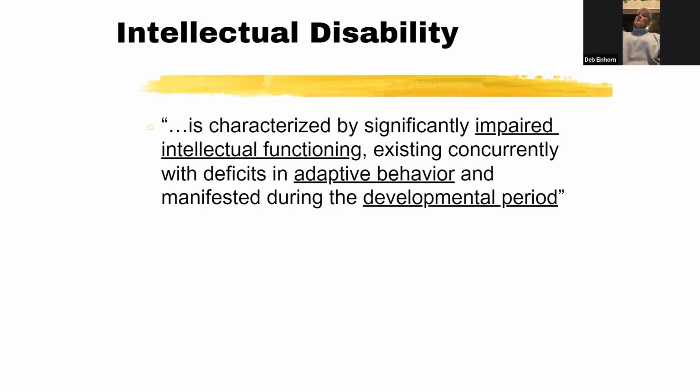Sometimes students might score low on an intelligence test and look like they have some intellectual disability, but on the adaptive behavior part, they may score in the normal ranges. That would mean they don't qualify for having an intellectual disability, because a student with an intellectual disability will have delays in both areas.